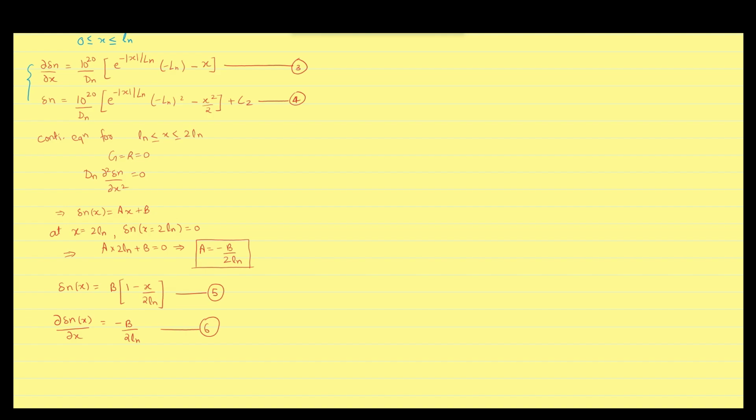So you can see that at Ln we have two equations for excess carrier concentration as well as two equations for differentiation of excess carriers with respect to x. So we will equate the differentiation of excess carriers with respect to x from equation 4 to equation 6 and will take the value of x to be equal to Ln.